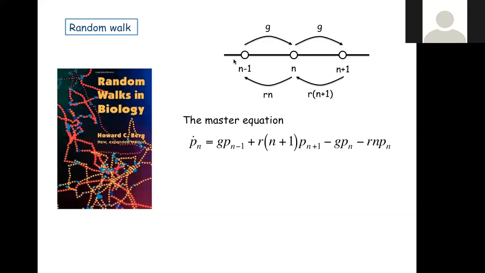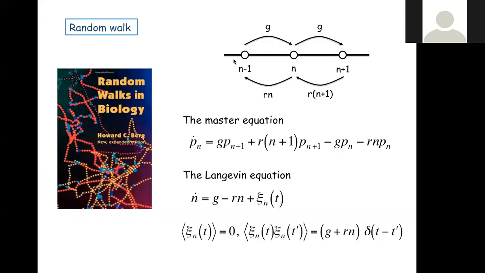Now if we write this master equation in the continuum domain, we have the Langevin equation. You see, except for this xi n t term, we have n dot equals g minus rn. We have seen this equation in the previous slide. Replace n by x, and you will see dx/dt equals g, some source producing the n, and it is getting degraded.